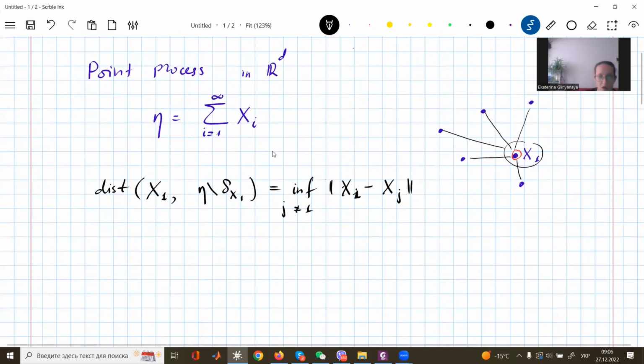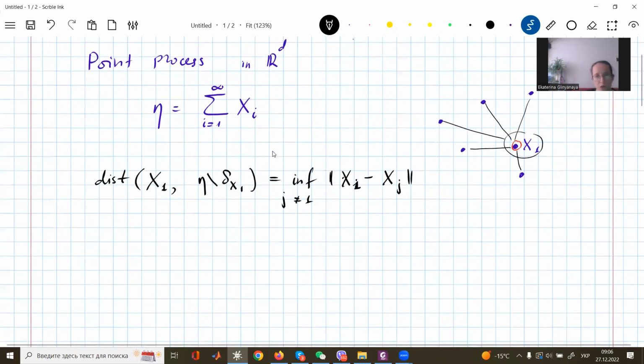But one approach to find the distribution of such a distance is to assume that we know the position of point x1.